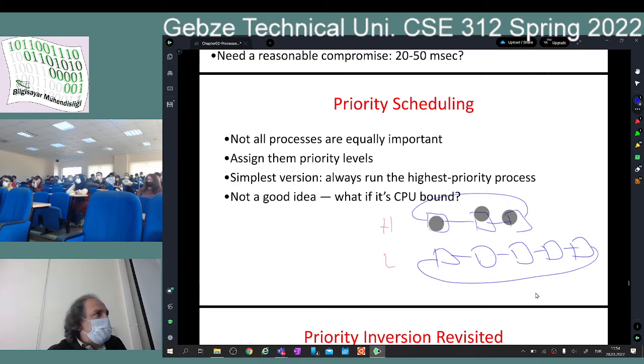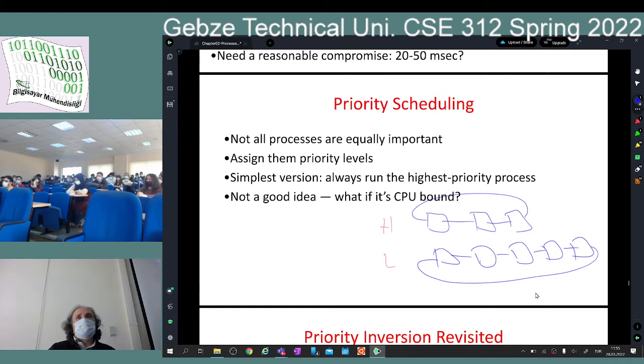That's a problem, but I am staying interactive. But if I don't have any of these, I will run these, and these will have longer quantum time, not much context switching. Quantum times are longer, and I am making fair scheduling decisions between those. That's the idea of priority scheduling.